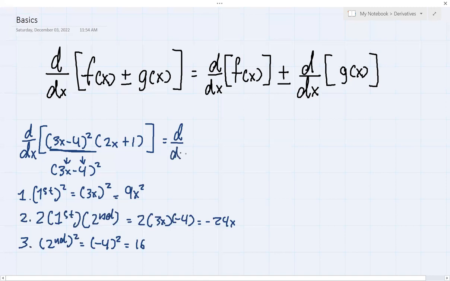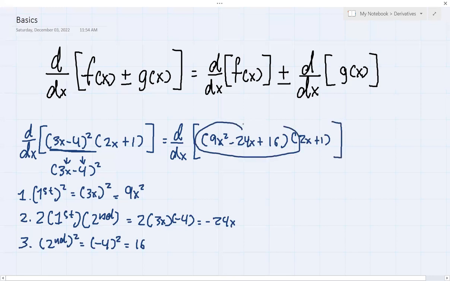So, ano nang resulta natin? So, we will have quantity 9x squared minus 24x plus 16 times quantity 2x plus 1. Ayan. Pero, ito lang na-expand na. Pero, hindi ibig sabihin nun, expand na lahat. Okay? So, paano ito mag-expand? So, gawin natin yung ginawa natin dun sa previous video.